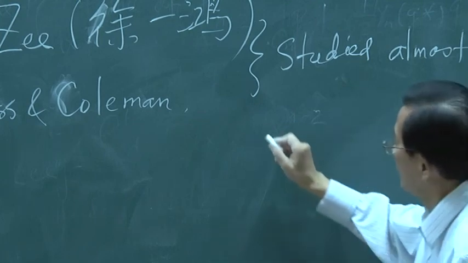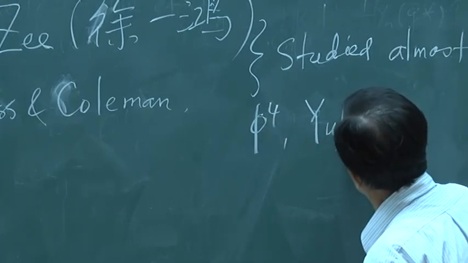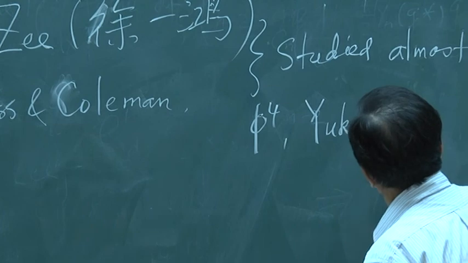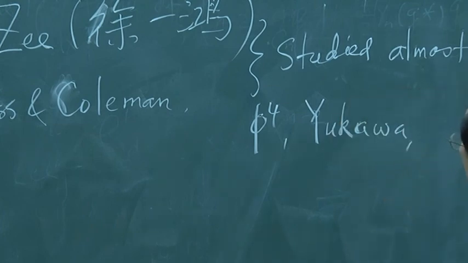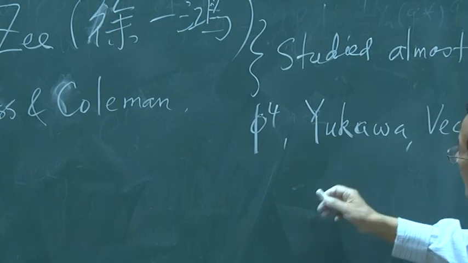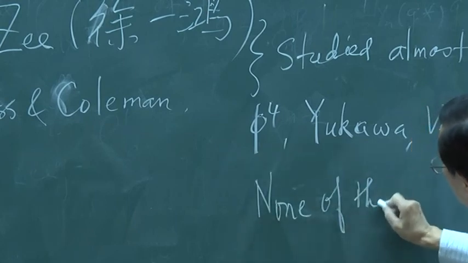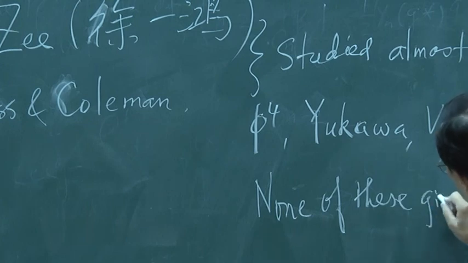I mean, for example, you can have phi 4, Yukawa, quantum electrodynamics, and many others. And then they all conclude that none of these theories get a negative beta.